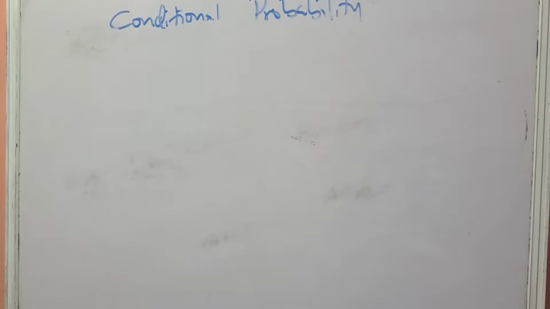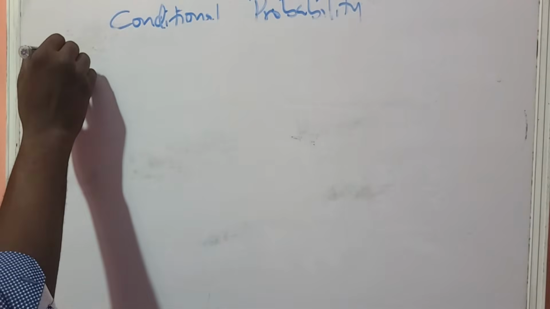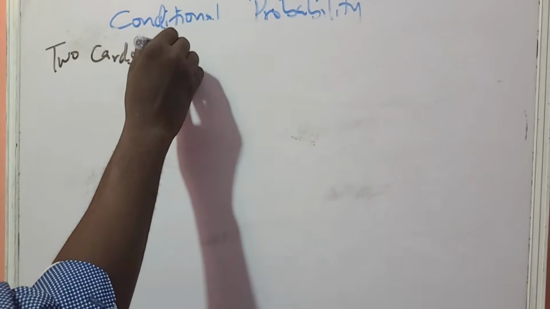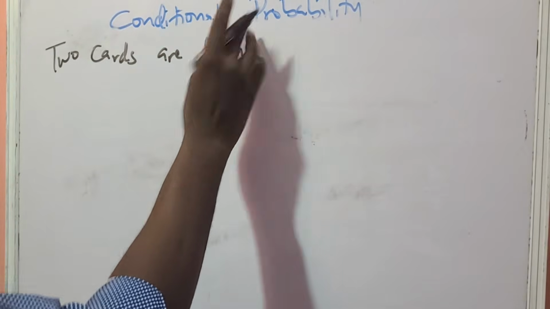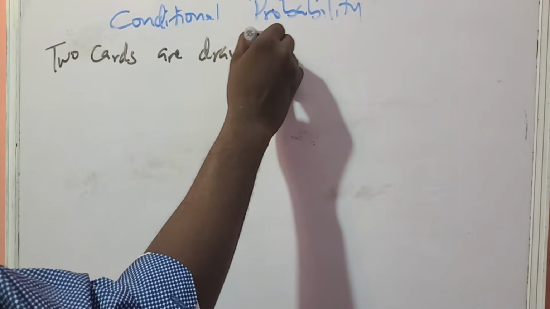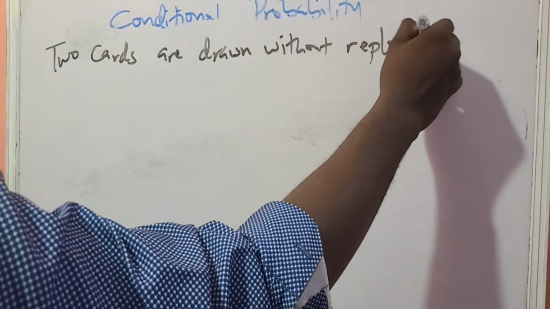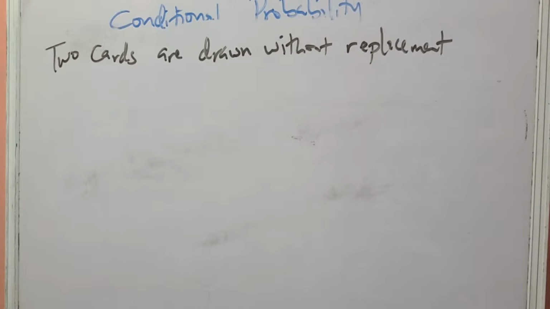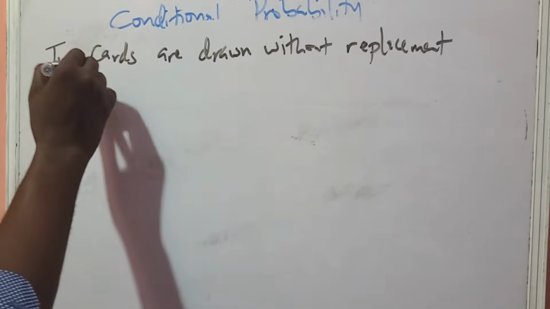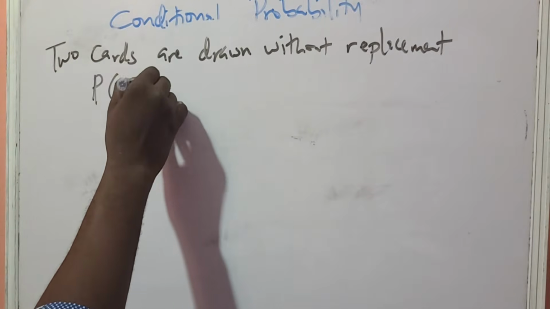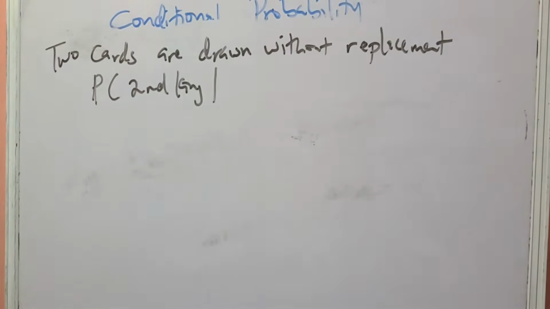We have to find the probability of having the second king, given that the first was a king.